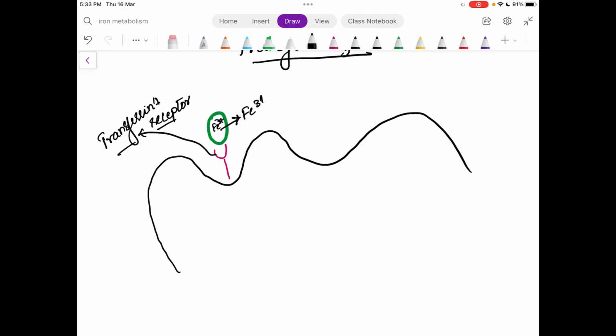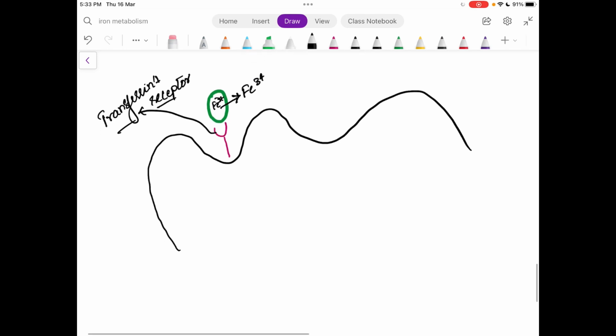Next, these receptors are coated by a specialized protein called clathrin. That means iron is absorbed by receptor mediated endocytosis. This clathrin will help in receptor mediated endocytosis.